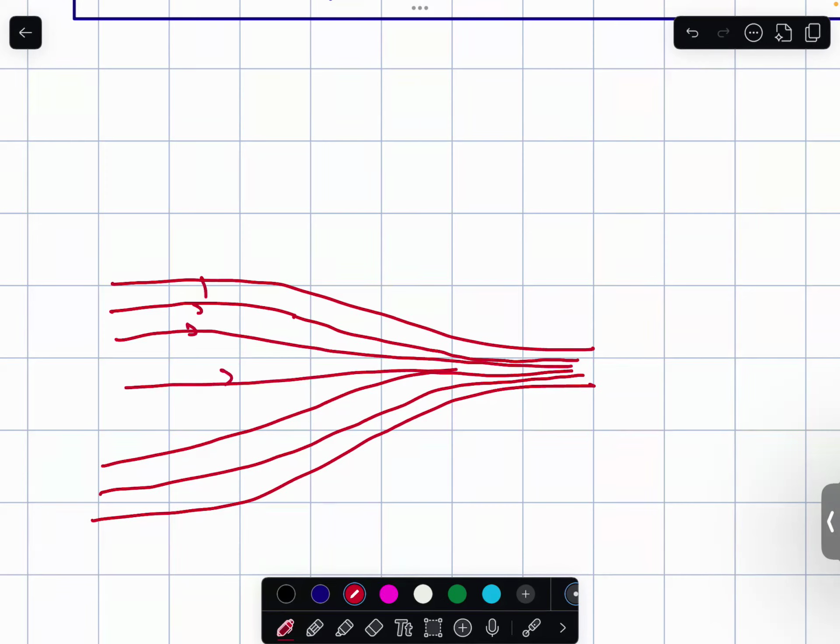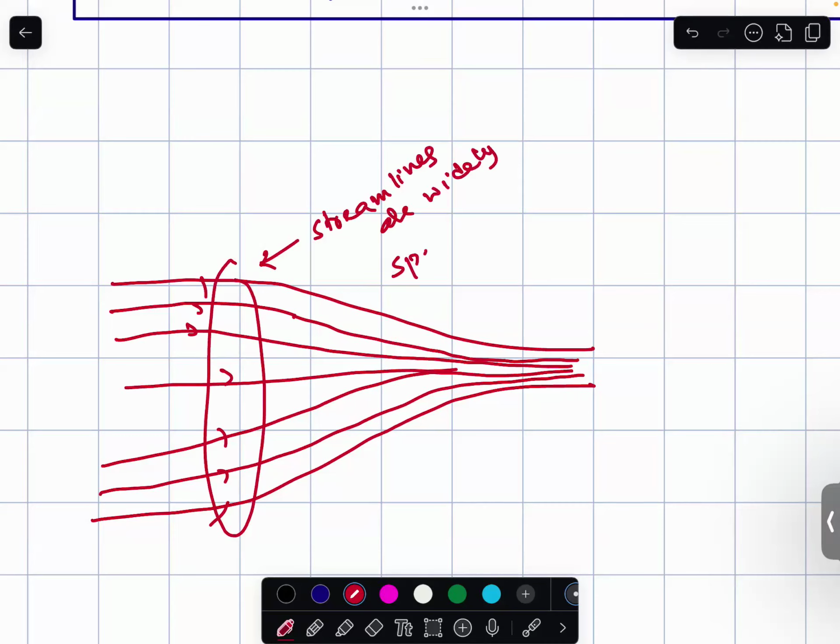See, the streamlines are widely spaced. At this point, streamlines are crowded.